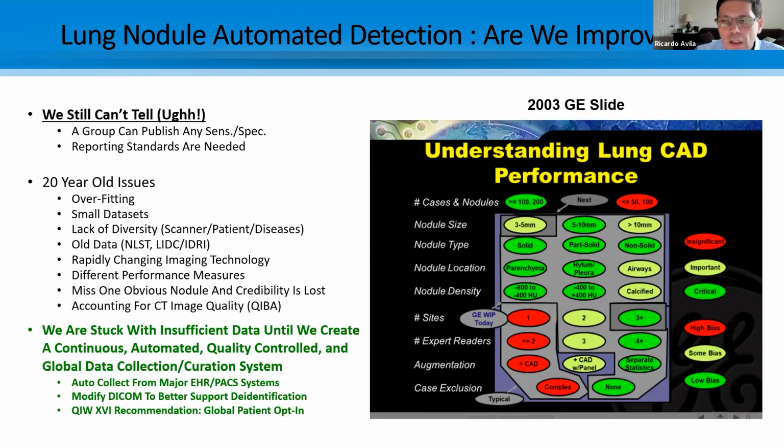Overfitting. Back 20 years ago, we worried about overfitting. If we saw an algorithm that had, let's say, dozens of features, and the classifier took those features and generated a result, you always worried about overfitting, basically finding some pattern in those many features that would not hold up over time.